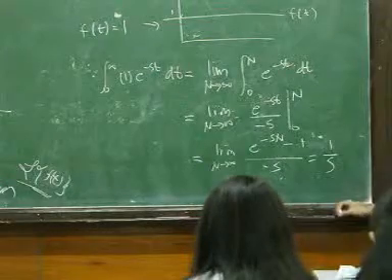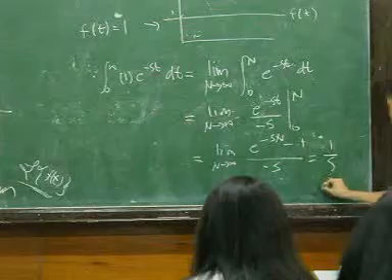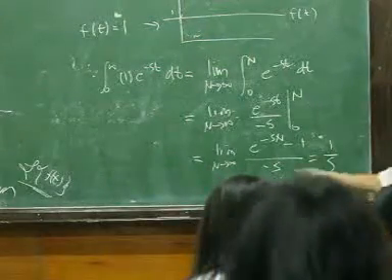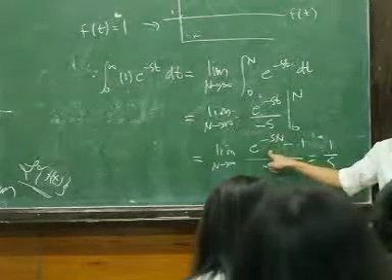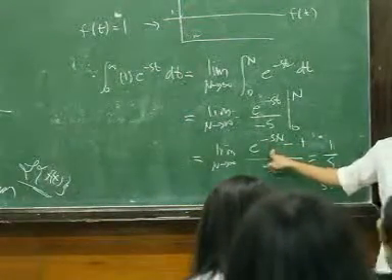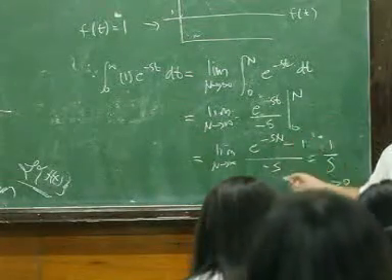This equation will only hold true if s is greater than 0. Well, if we try to substitute s by negative 1, we get a positive exponent going to positive infinity, and e raised to infinity is what?